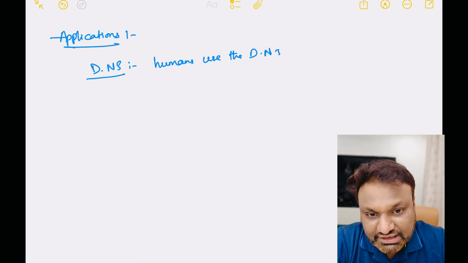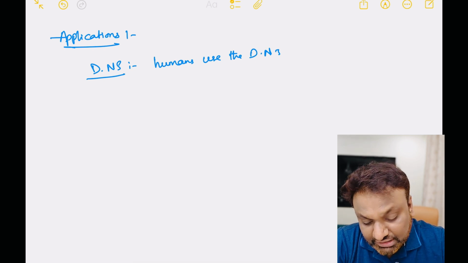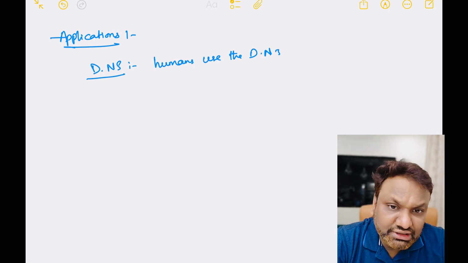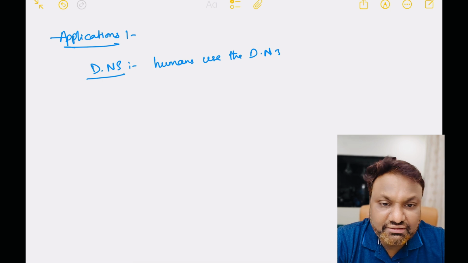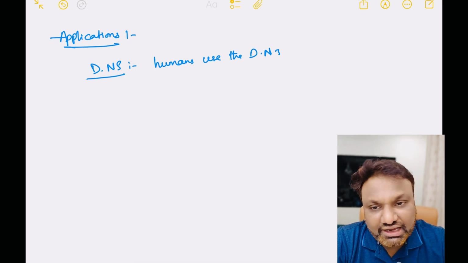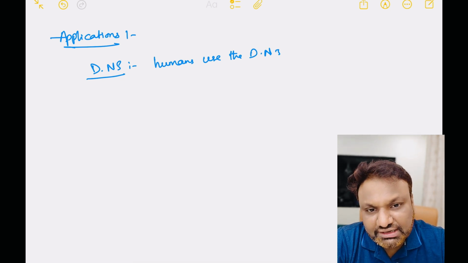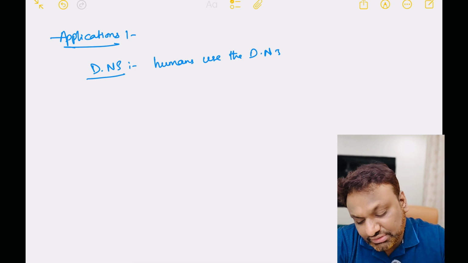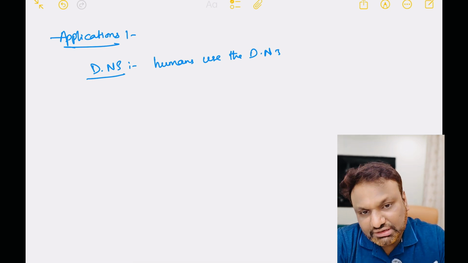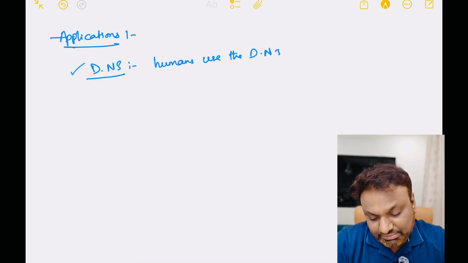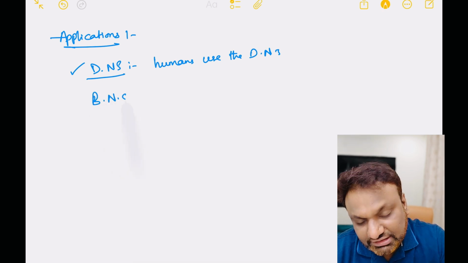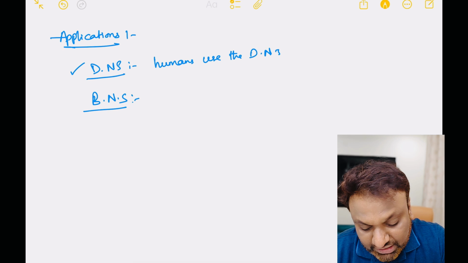So we give the input in decimal, it is converted into binary, and once the processing is completed, the binary number is converted back to decimal, then the result is displayed. So the application is, for all human processing we use the decimal number system. The other number system is binary, and why it is binary is hardware.